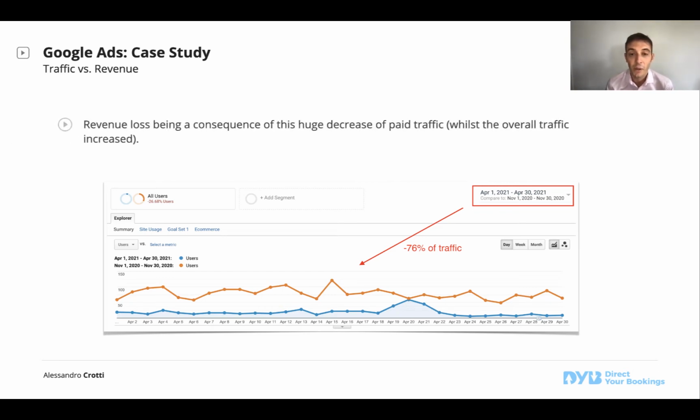So the revenue is naturally a consequence of a huge decrease in the paid traffic, whilst the overall traffic actually increased. This report is in the same area: Google Analytics, Acquisition, Campaigns, All Campaigns.